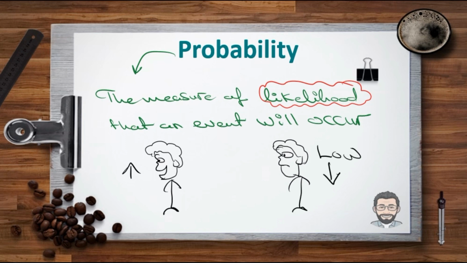So here low and here high. So it means what? Yes, great. This person is very likely to pass the exam, and this one is not likely to pass the exam, unfortunately. Okay? This is the meaning.